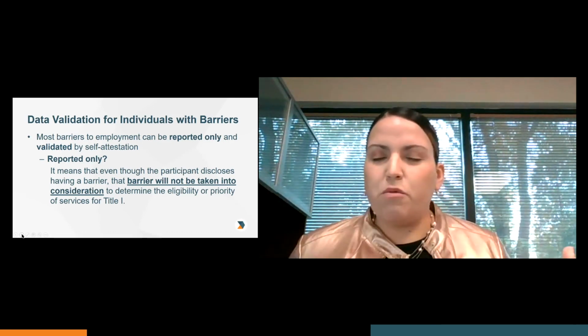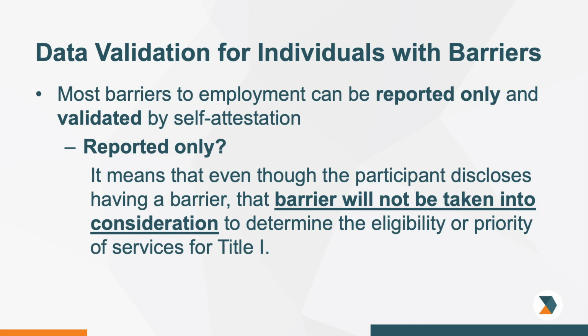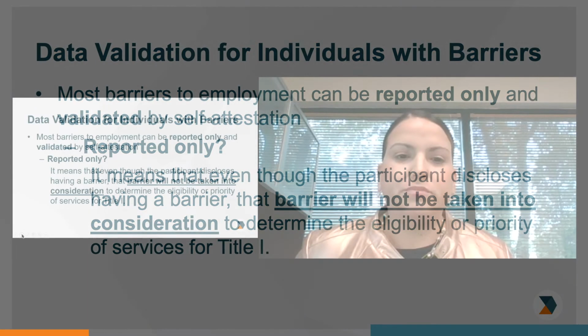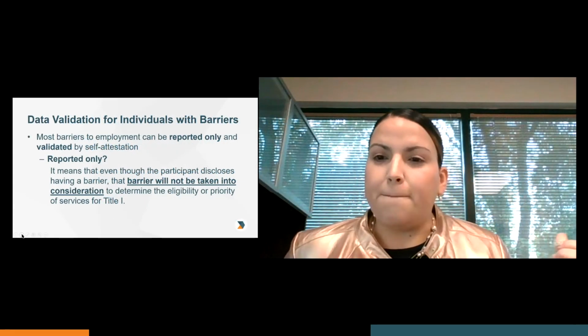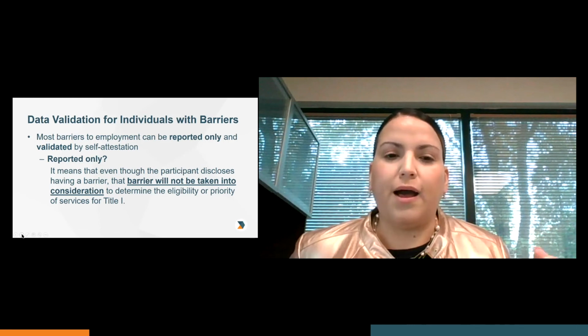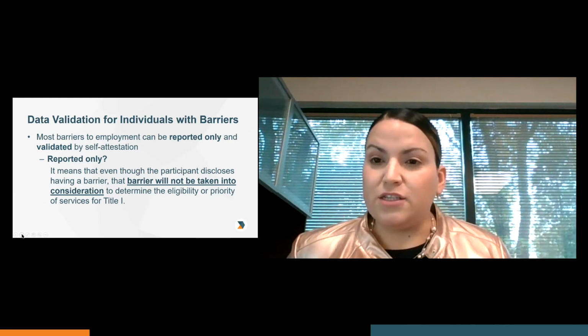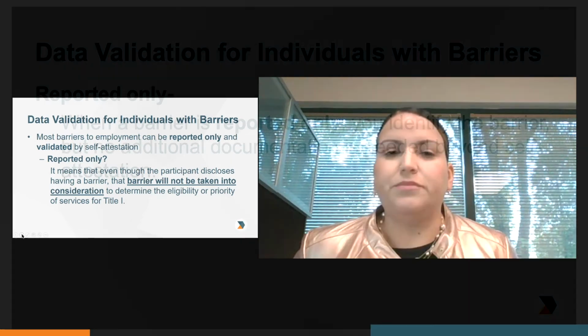So you have someone with multiple barriers. Not all of those barriers are relevant to our eligibility or priority of service process. We're going to put those barriers under the reported only bucket, or identify them as reported only, and we will more than likely be able to validate these barriers through self-attestation. Next slide.